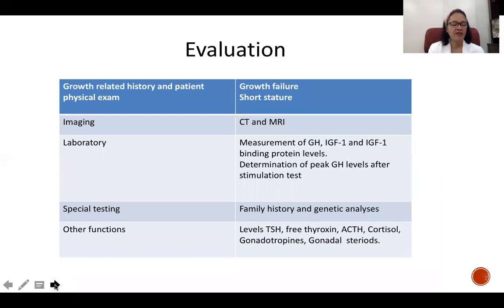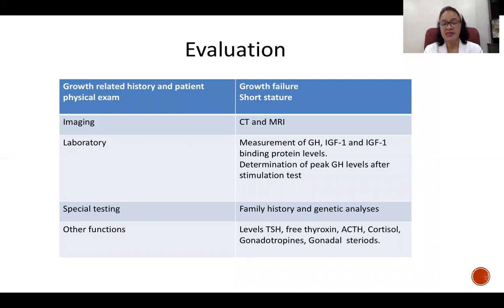So how do we evaluate patients with hypopituitarism? So the diagnosis of hypopituitarism is made by measuring the basal hormone levels in the morning, no?